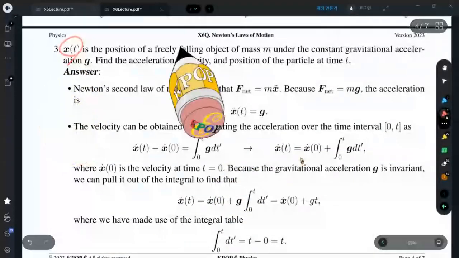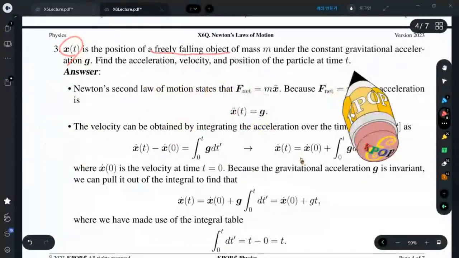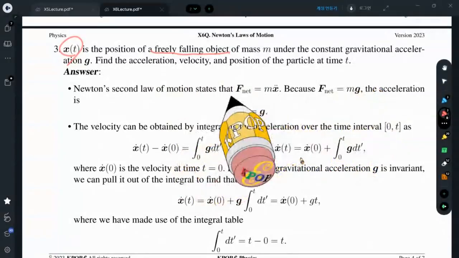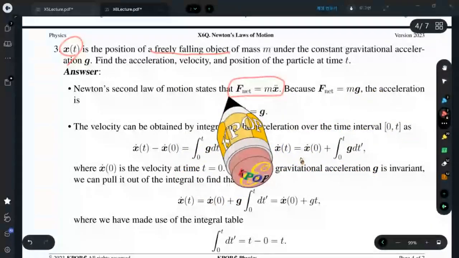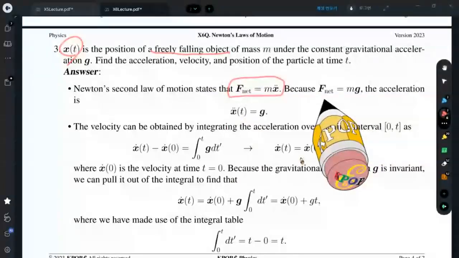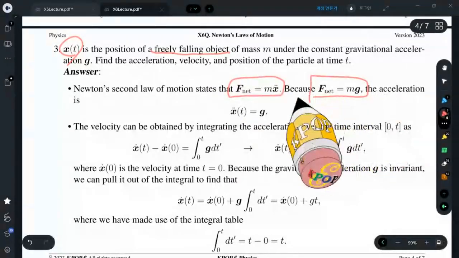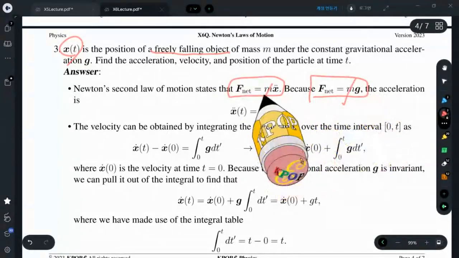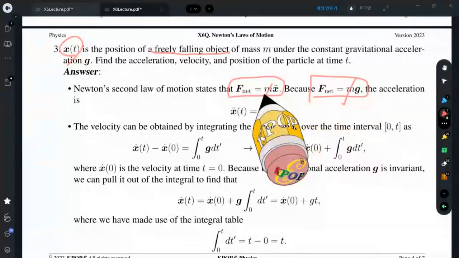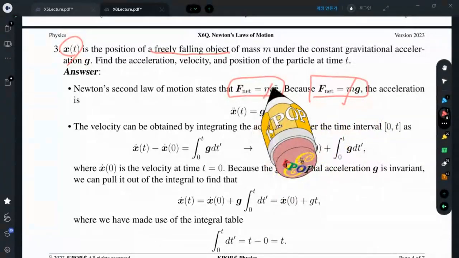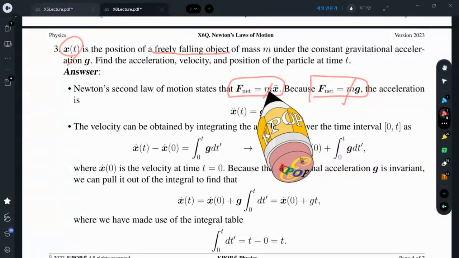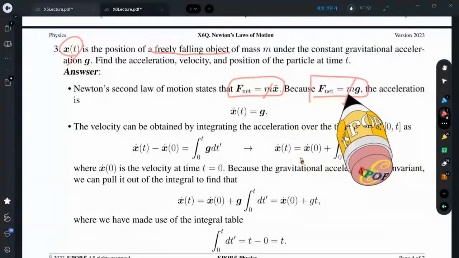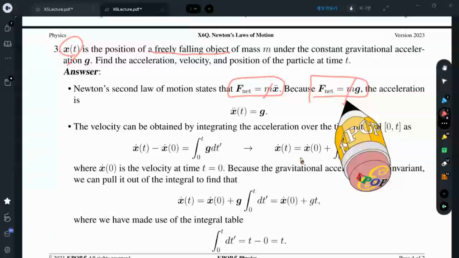x is the position of a freely falling object. For a freely falling object, F net is this, and under a constant gravitational field, we have exact cancellation of these two masses. Actually this is called inertial mass, and this is called gravitational mass.